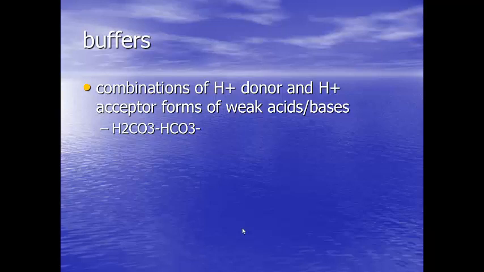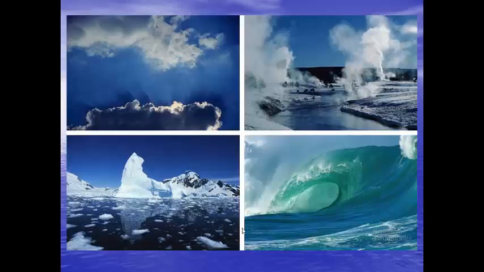If a substance is becoming more basic, then the buffer will donate hydrogen ions to keep it where it is. It's important to understand that buffers do not make a solution neutral, but they keep the solution at the pH of where it belongs, the original pH.